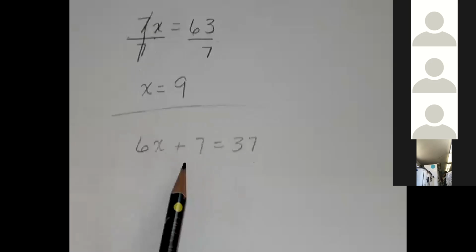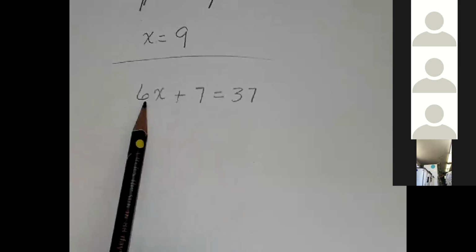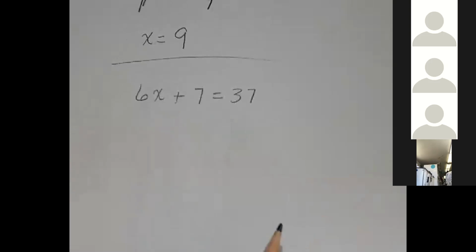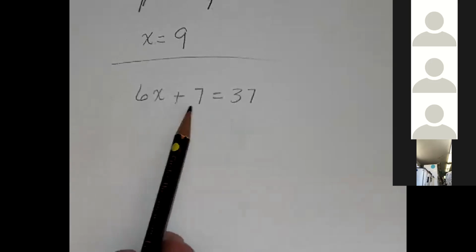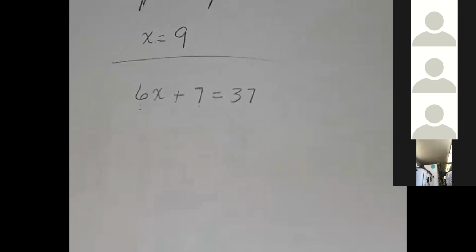Okay, this equation has addition here and it has multiplication here. So I know I'm going to have to subtract and I know I'm going to have to divide. What do I do first?